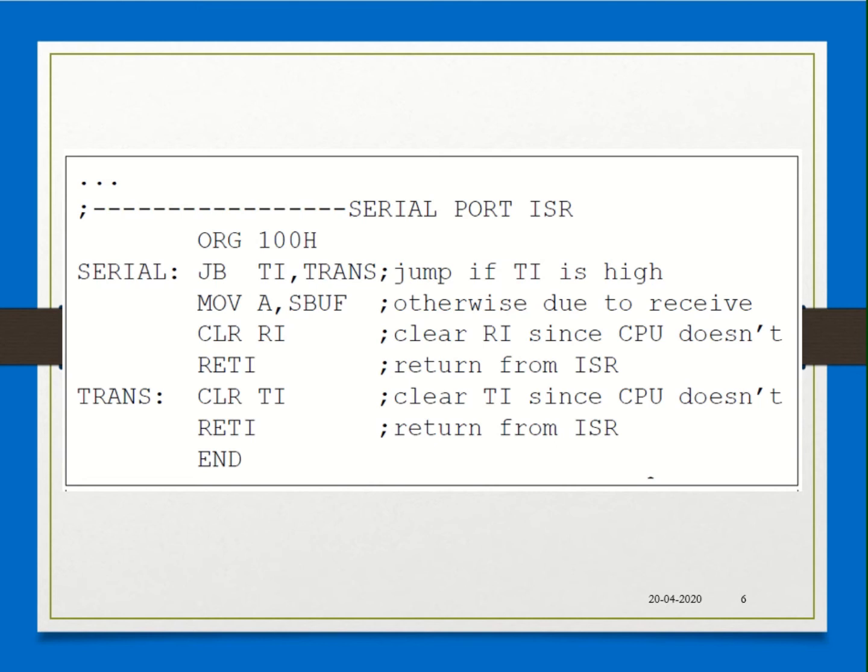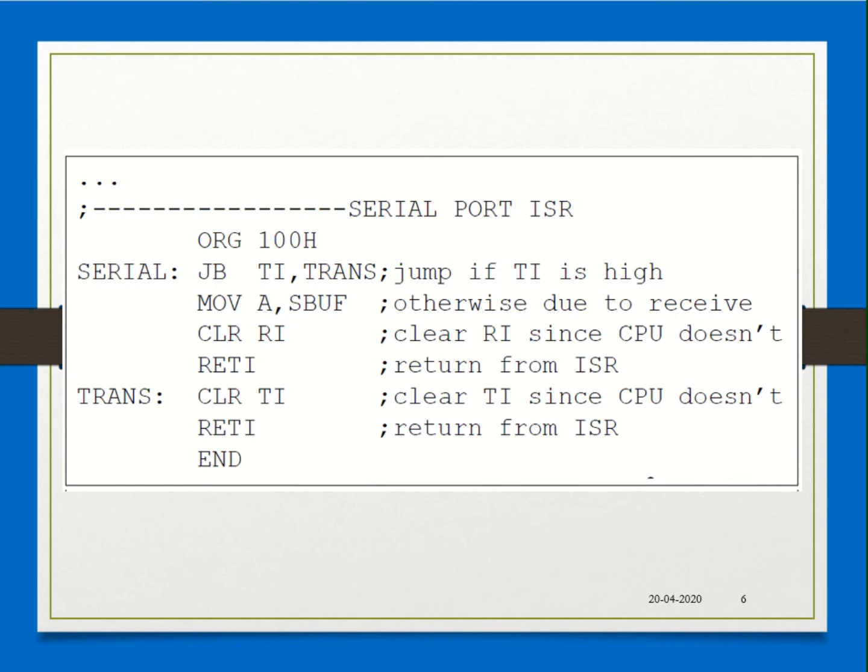Observe, this was a valid instruction, jump on bit TI. If the interrupt was generated because of the transmission, then you will come here, clear TI, then RETI. So it will go back to the main program. That is the end of the program.